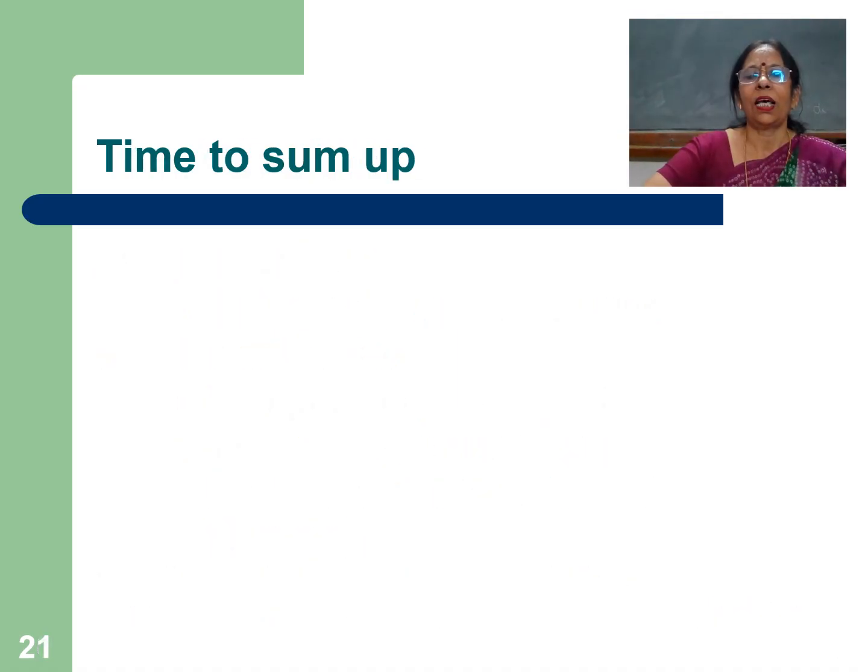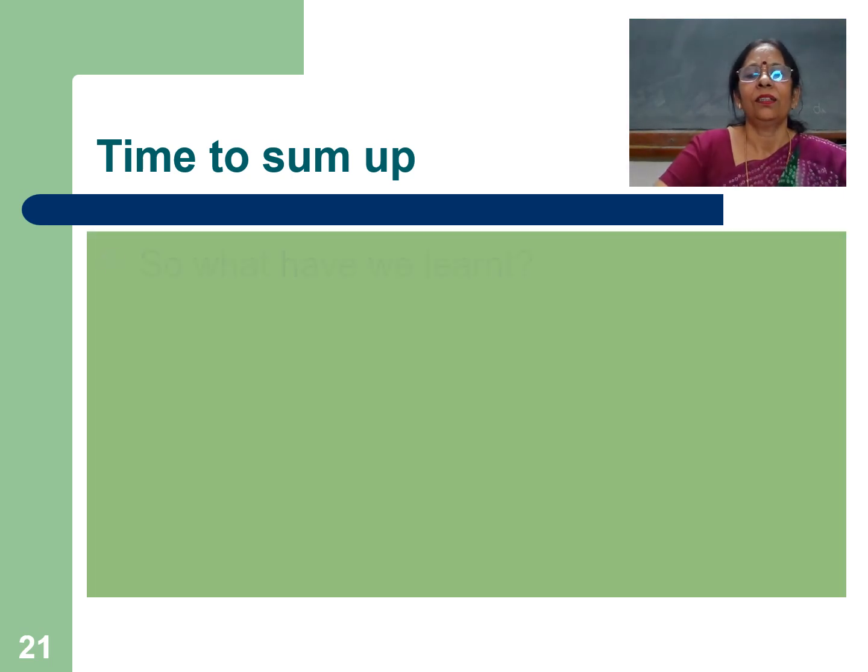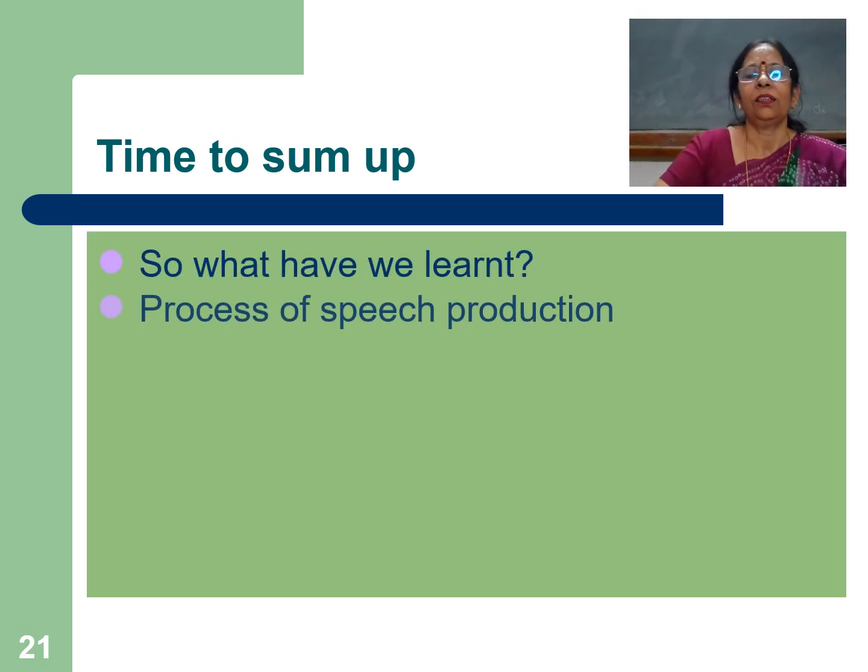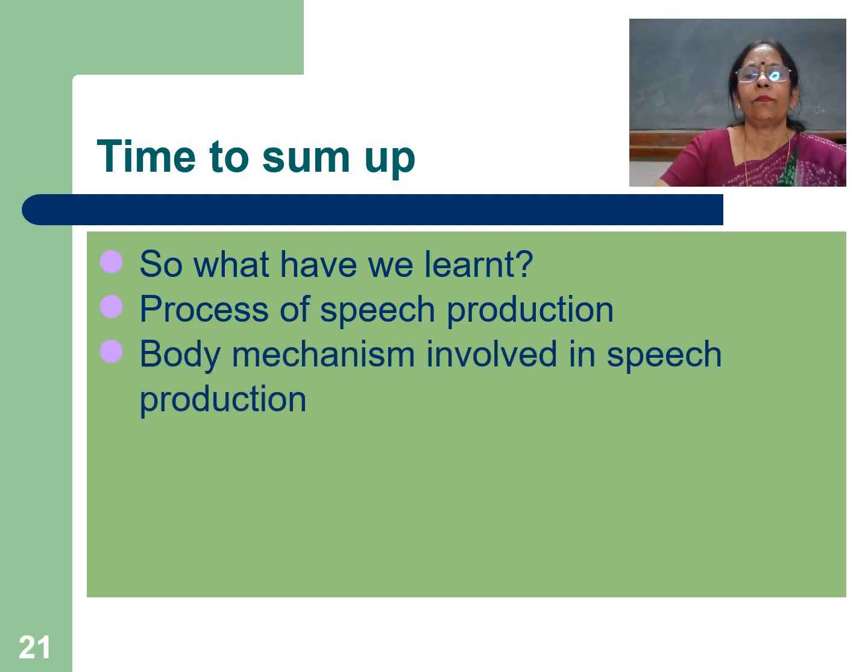And now it's time to sum up. What have we learned? We have learned the speech process. Under speech process, we studied that it is a complicated process. It involves the psychological, physiological, physical, and cognitive stage.